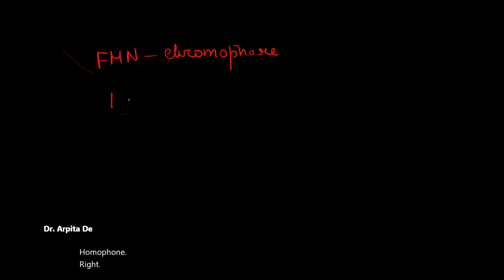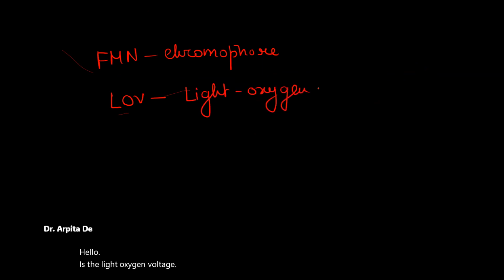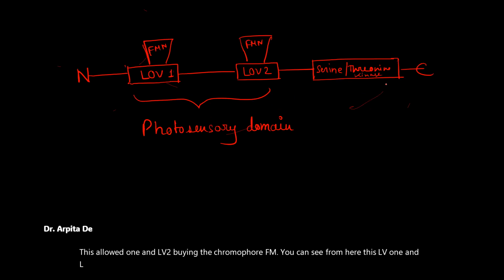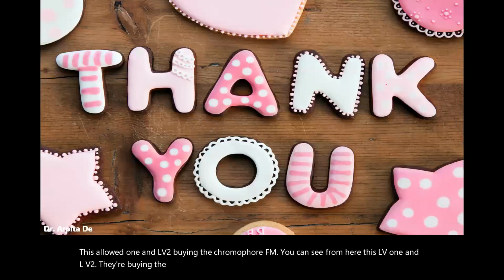Now, this LOV is the light oxygen voltage. Okay. This LOV1 and LOV2 bind the chromophore FMN. You can see from here, this LOV1 and LOV2, they bind the FMN together.